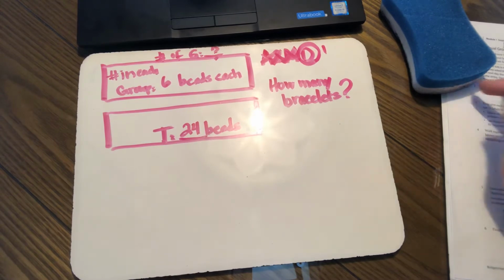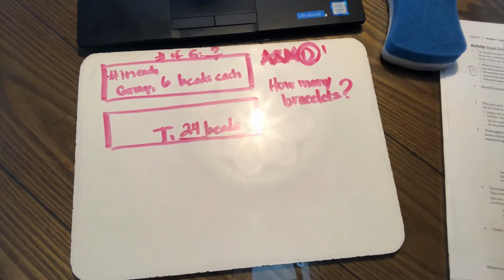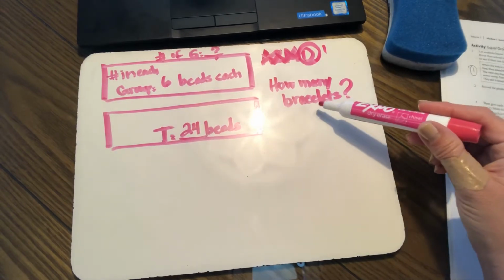It would really be about, since I'm thinking about the beads, usually the question is about the beads. But in this case, I already have 6 beads on each bracelet. So I can't say if I'm going to have more or less of anything on these bracelets.